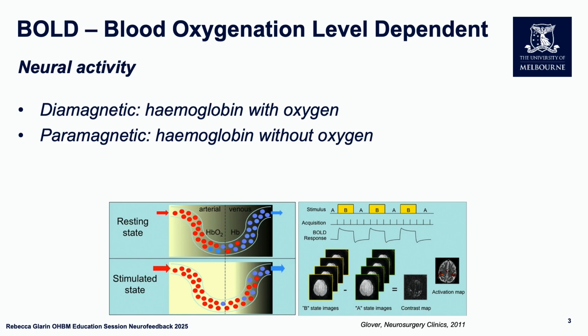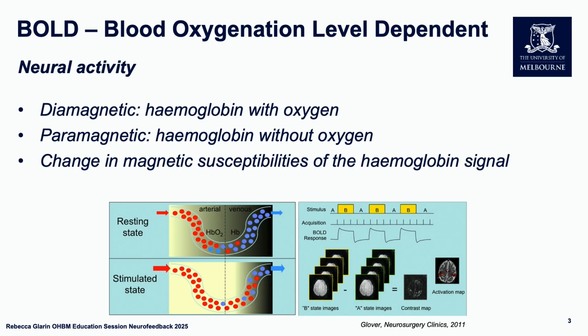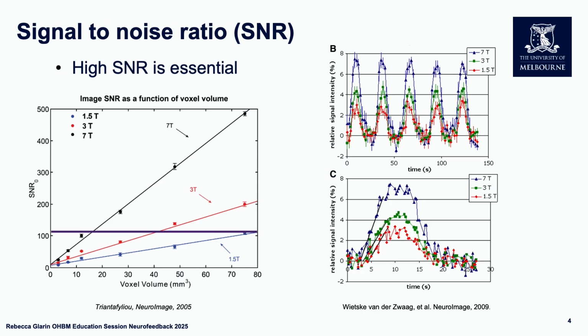In the resting state, the concentration seems to be quite spread, but as you invoke a stimulus, you change the local ratio of oxygenated to deoxygenated blood. This causes a change in the magnetic susceptibilities of the signal, which then produces a change in the T2 or the T2 star. We're really lucky at ultra-high field that the T2 star is more prevalent, and we are able to use this to exploit better signal in our imaging.